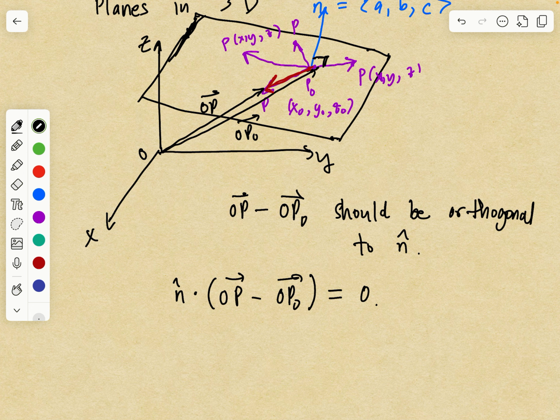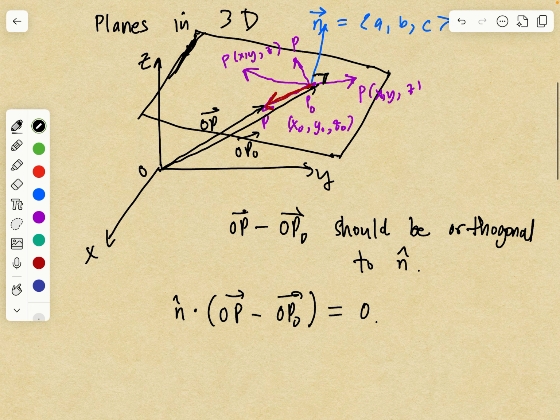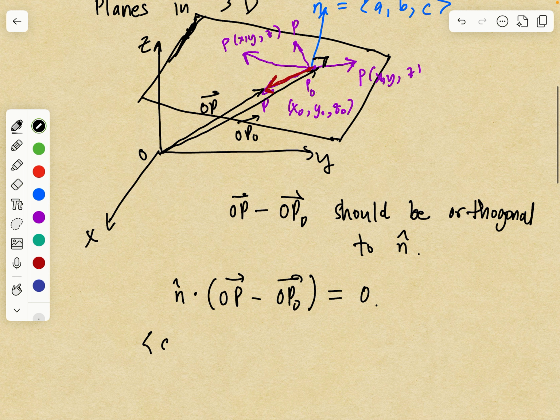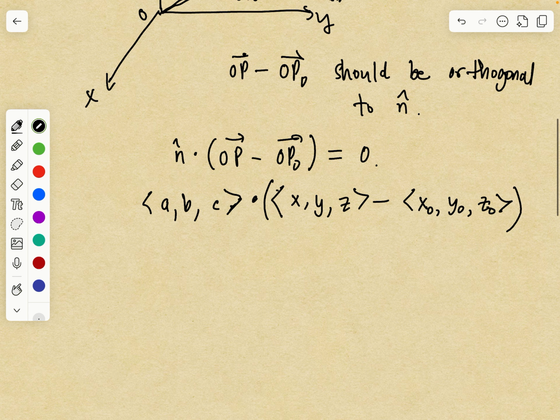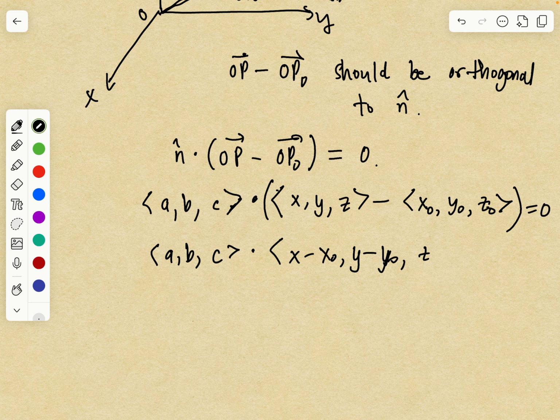And if we use the coordinates, n is a, b, c, OP is x, y, z, OP0 is the vector x0, y0, z0. We can simplify what's in the parentheses first: x minus x0, y minus y0, z minus z0. This dot product should be 0.